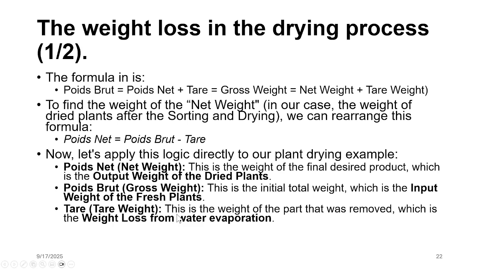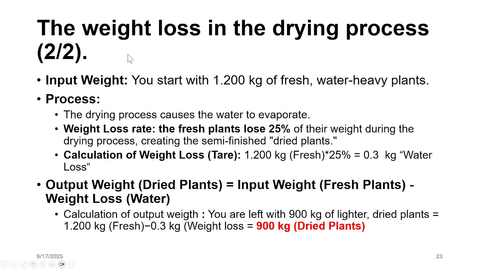And the tare weight is the weight of the part that was removed, which is the weight lost from water evaporation. So now we will use this logic to calculate our output weight, meaning the kilograms of the dried plants.